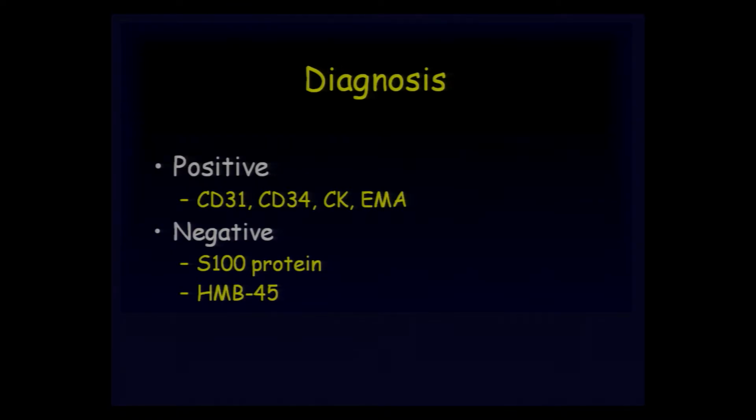To confirm our diagnosis, we made some tests, which are CD31, CD34, CK and EMA, and they were positive. On the other hand, we made some tests, which are S100 protein and HMB45, and they were negative.